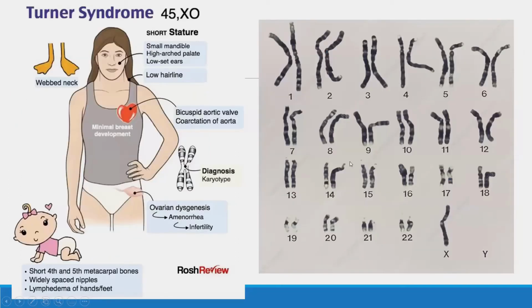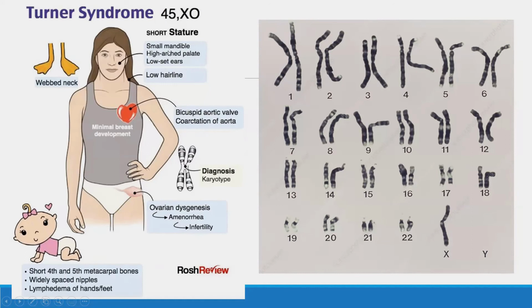Turner syndrome is the opposite. It's where there is only one X chromosome, so this is a monosomy. This is a person that is missing a chromosome. This one is missing an X chromosome. A female will still be born from this, but the female is infertile, they can't have children.